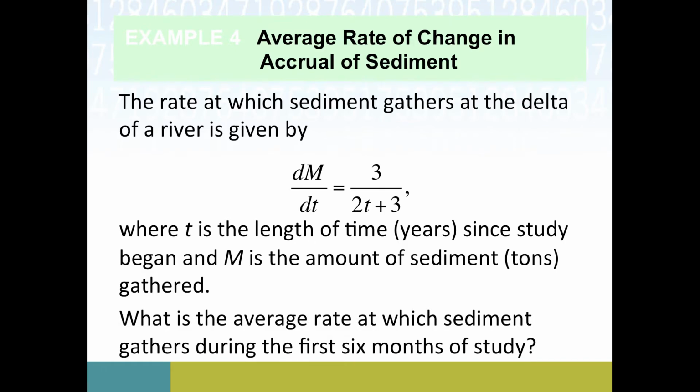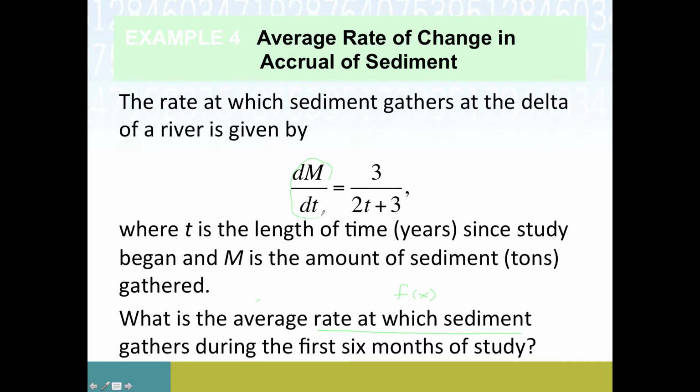And then the question we're supposed to ask is, what is the average rate at which sediment gathers during the first 6 months? So one of the things that's most confusing about these is that when we look at averages, the thing that comes after average, this is our f of x. So unlike the computations we've been doing before, where we're looking at area between two curves as being some new unit different from the actual function outputs, the average f, or function, or whatever, is the exact same thing as whatever we're given.